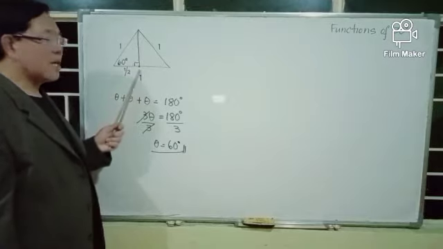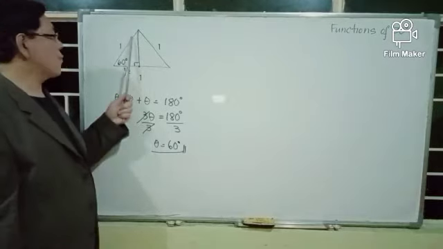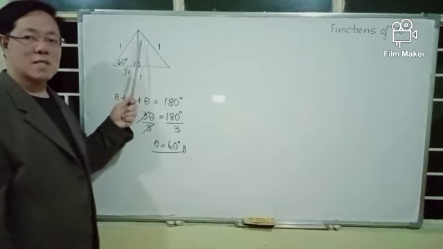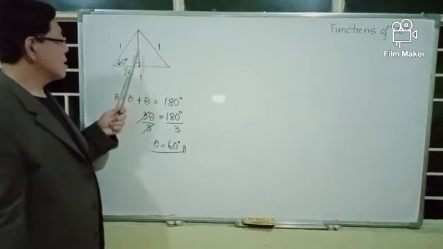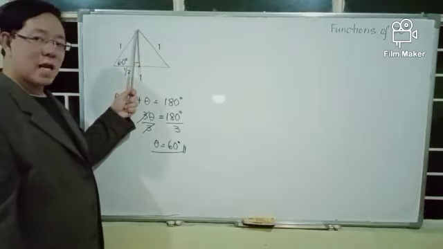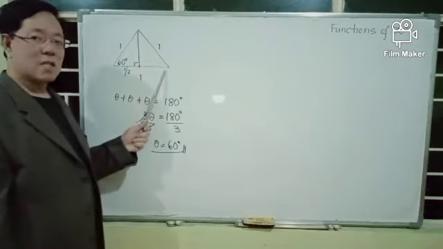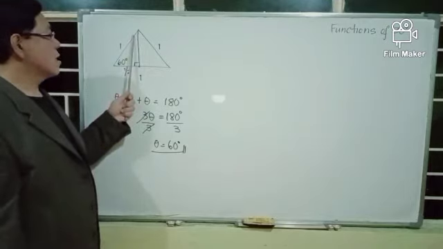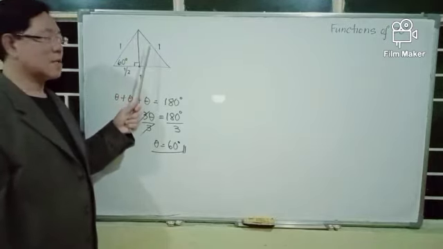This perpendicular line is also a bisector of this angle, which is 60 degrees. This line, the bisector of the opposite side, is also the angle bisector of 60 degrees.